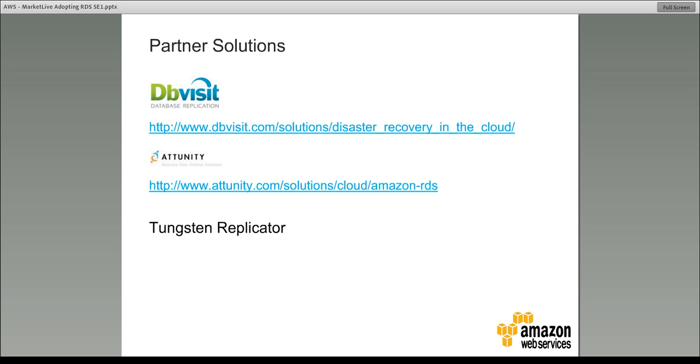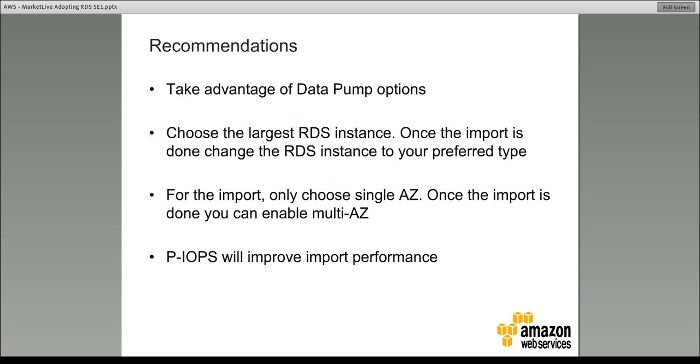And the third choice, there's no link for this, but this is an open source project that does require a little bit more configuration on your part as a customer, but Tungsten Replicator is a great option for customers that are more comfortable with using open source projects to move data between your on-premise environment and the relational database service.